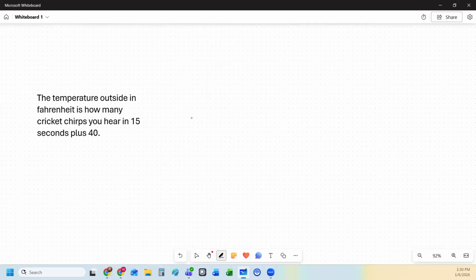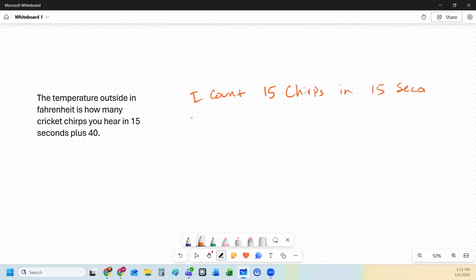So if I count on some night 15 cricket chirps in the 15 seconds, and the question is, what is my estimated temperature outside? So my equation then is the temperature is the number of cricket chirps that I count, that's my x, that's my unknown, and I add 40 to it.